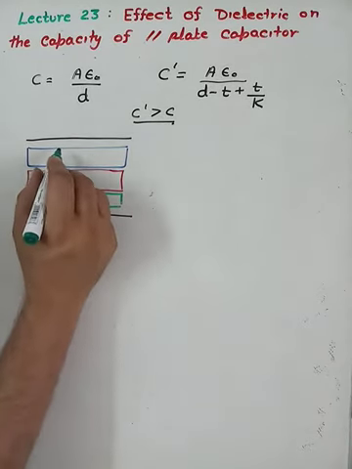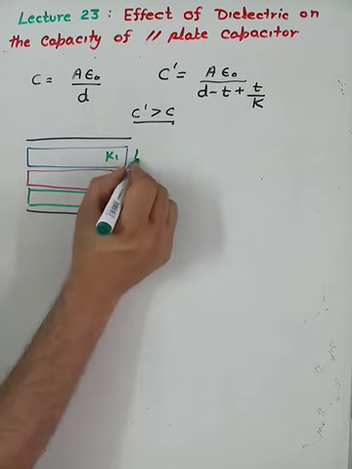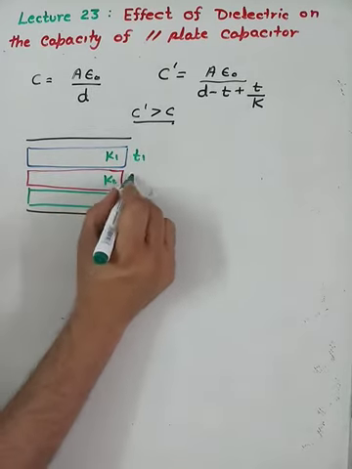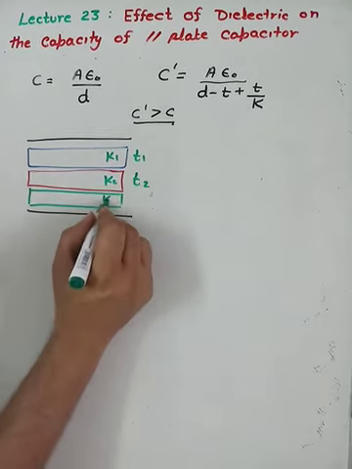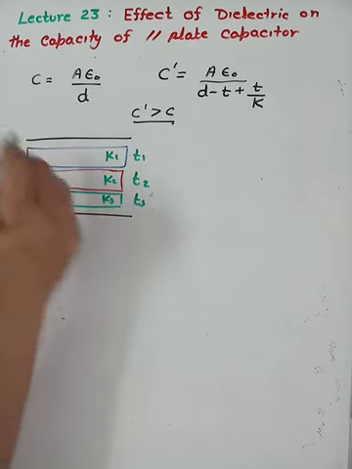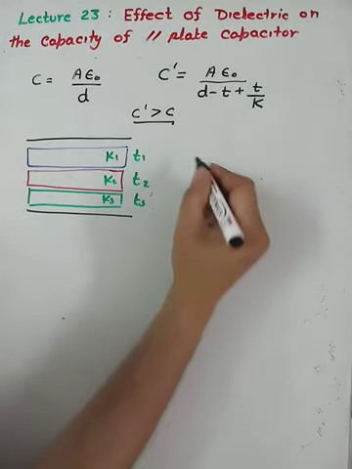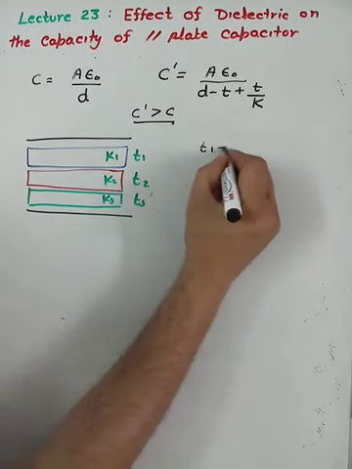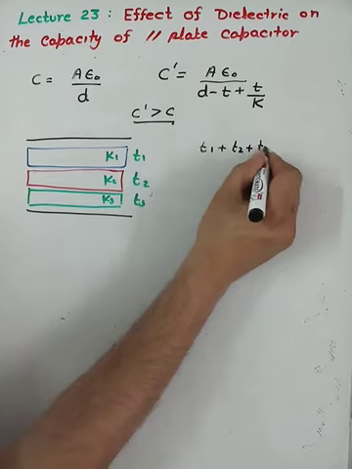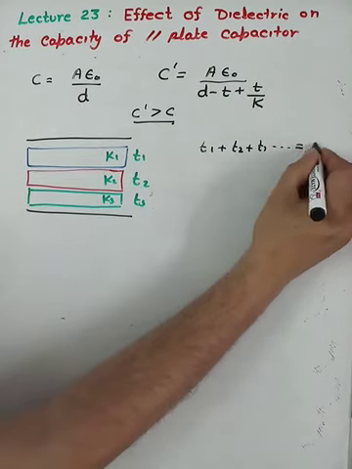Suppose they have dielectric constant K1 with thickness T1, dielectric constant K2 with thickness T2, dielectric constant K3 with thickness T3, and so on. Then the sum T1 plus T2 plus T3 and so on will equal d.